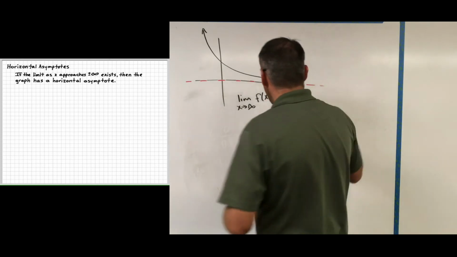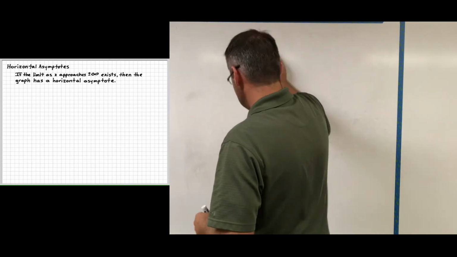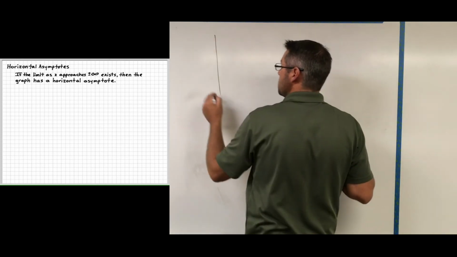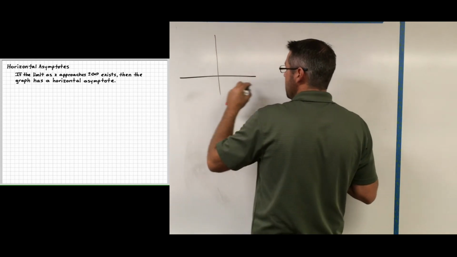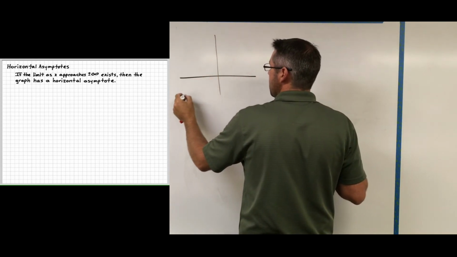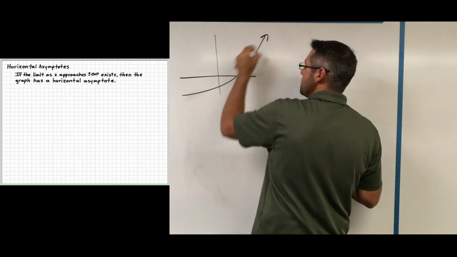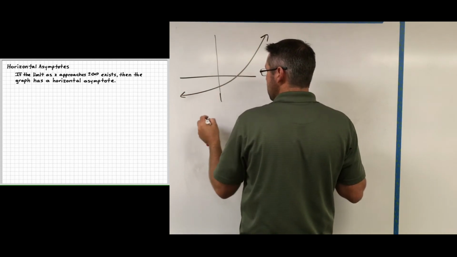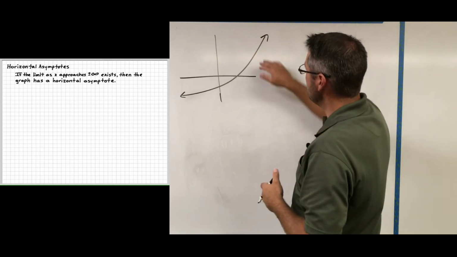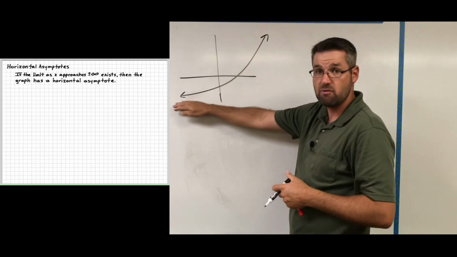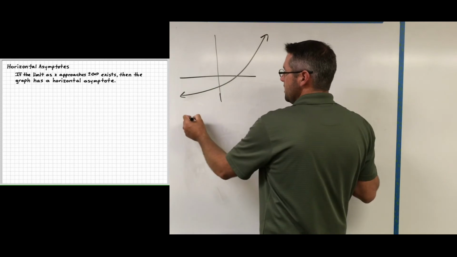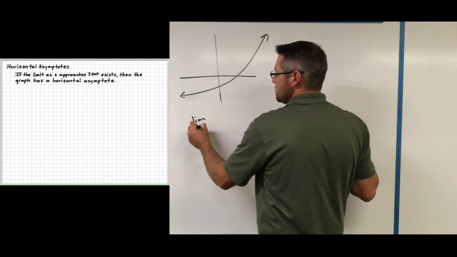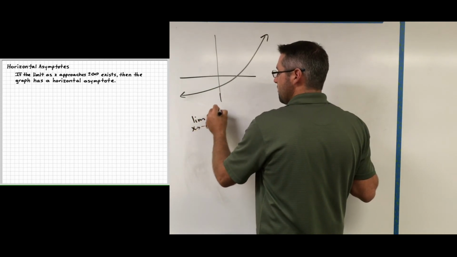And so I'll give you another graph real fast so you can see this. And we're going to explore this a little bit more too. Let's say that I have something that looks like this, another exponential function, maybe a normal one. And then we would say, okay, is there any asymptotes here? It doesn't appear to have an asymptote on this side, but it appears to have one on this side. Well, what are we taking the limit? We're taking the limit as x approaches negative infinity of our function.